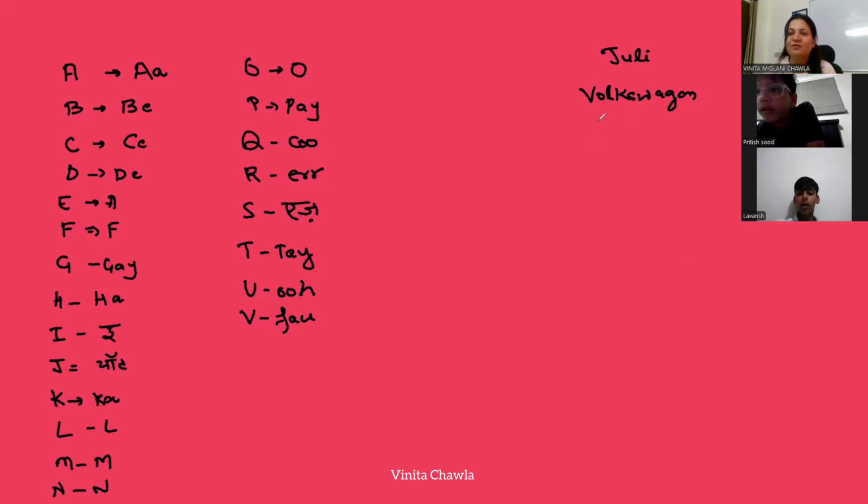Volkswagen. It's not Vox. Volkswagen. It's a German brand. So V is not va, it's fa, Volkswagen, right? Because it is a German word. Oh, I get to know now that it's German.